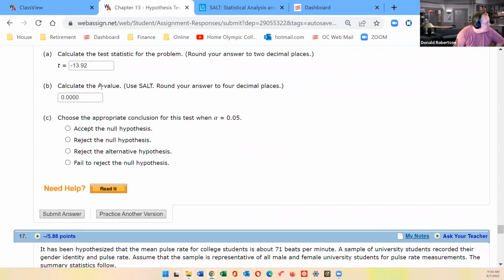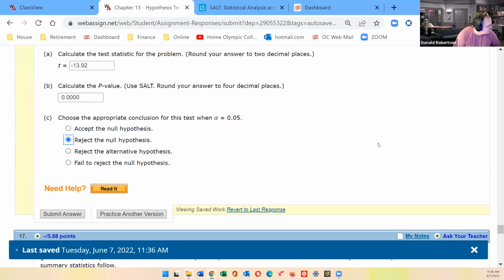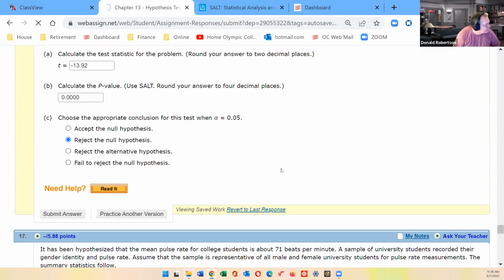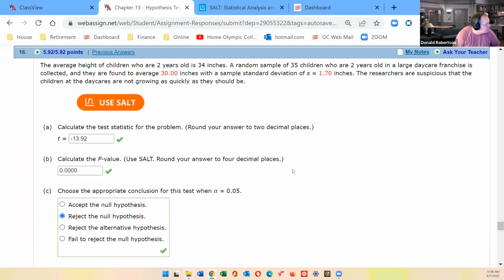Would you agree that that is definitely less than 0.05? And when it's definitely less, isn't one of the many sentences to reject the null hypothesis? Agreed? Let's submit it. Am I good or am I good? There we got it. Three in a row. Got that one right.